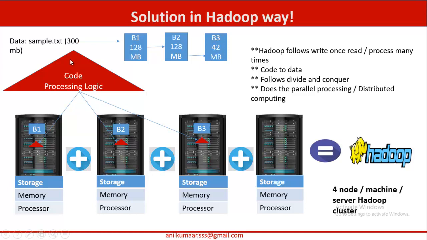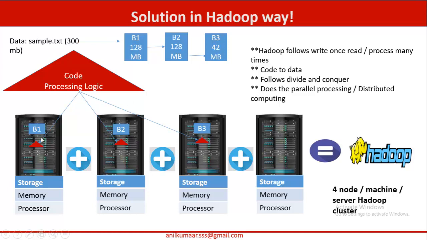B1 will get the logic, B2 will get the logic, and B3 also will get the logic. B1, B2 and B3 are nothing but the blocks. The file is split into multiple blocks, with B1 located here, B2 here, and B3 here. All these blocks will get the logic.